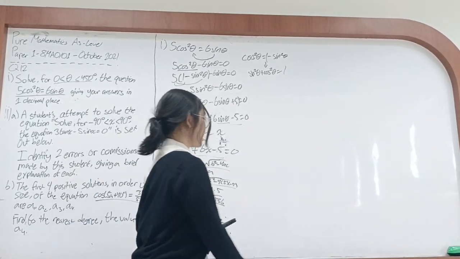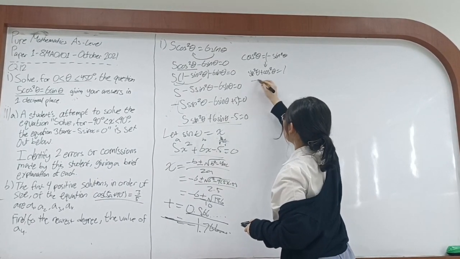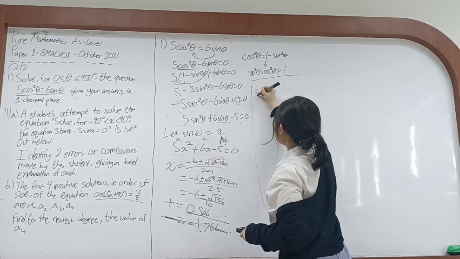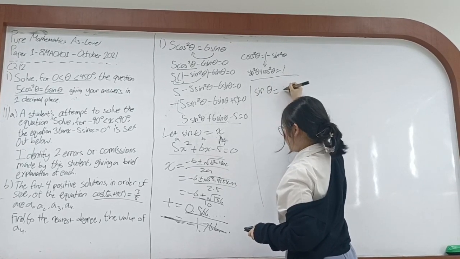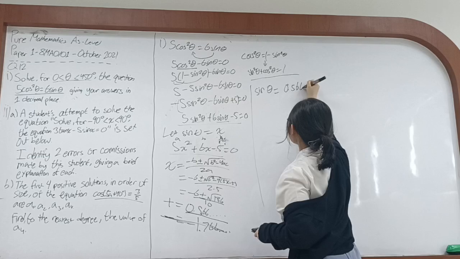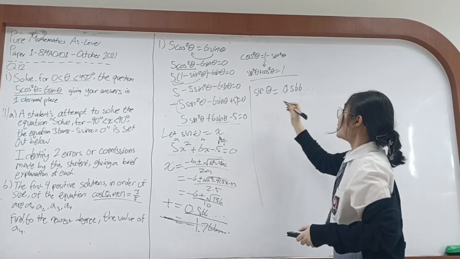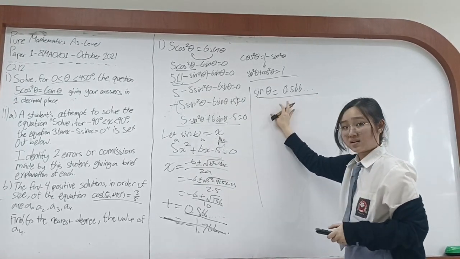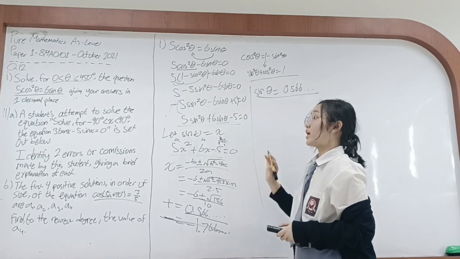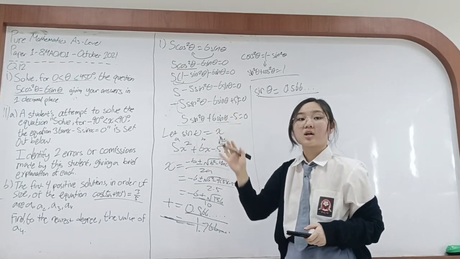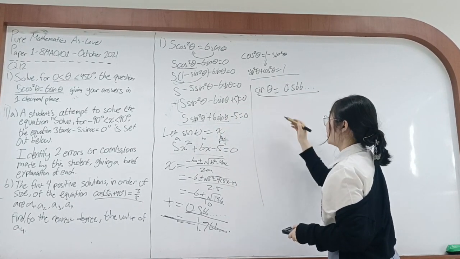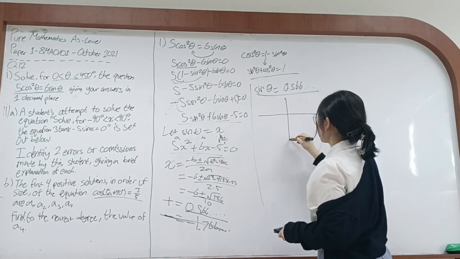So let's rewrite that into sin theta equals 0.566 and so on. Now we notice that the sin value is positive, right? So whatever answer we find will always be in the quadrant where sin is positive.